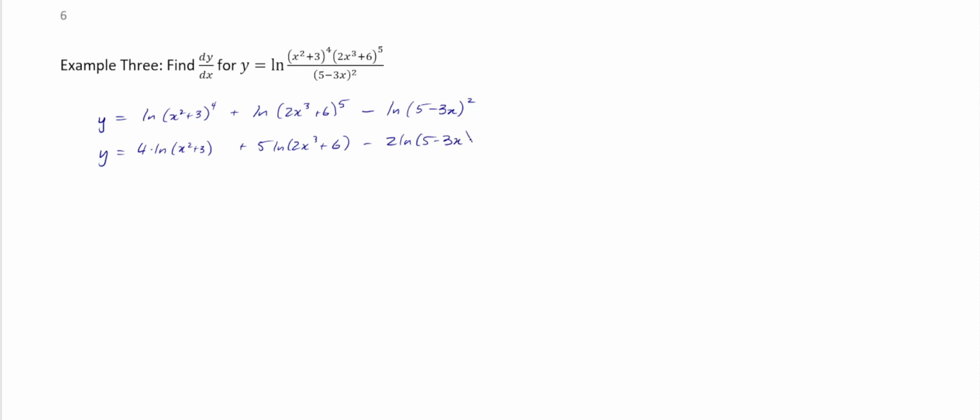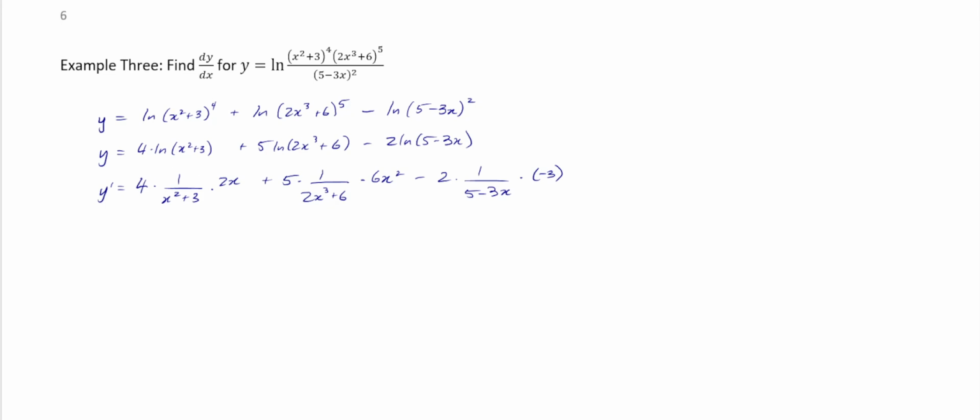And now I can easily take the derivative of this. So the 4 that I see right here is a constant multiplier, so I can just leave that alone. 1 over the argument times the derivative of the argument. 5 times 1 over the argument times the derivative of the argument, minus 2, again, 1 over the argument times the derivative of the argument, which is negative 3.